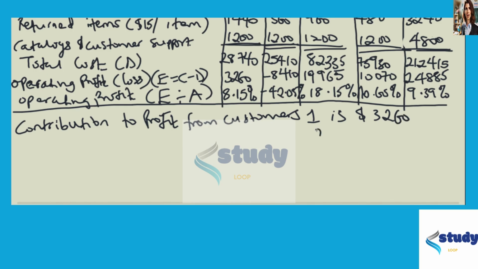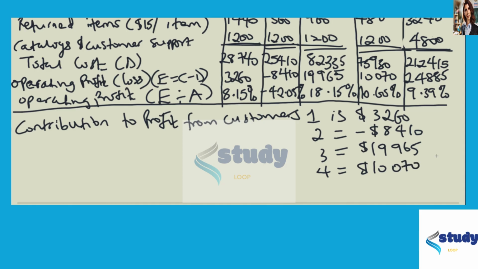From customer 2 would be minus 8,410. From customer 3 would be what's right here, 19,965. And of course, from customer 4, it would be $10,070. So that's what the question wants us to do.